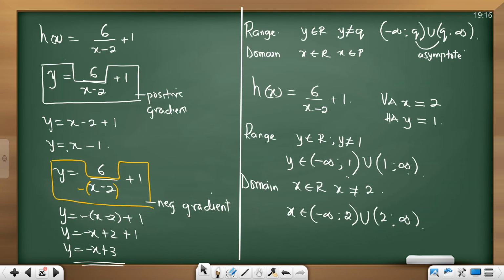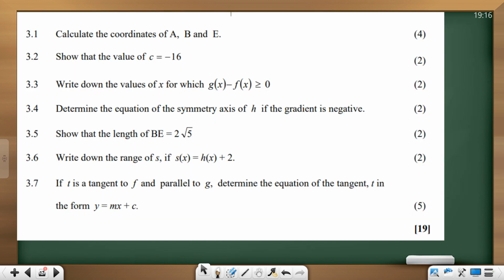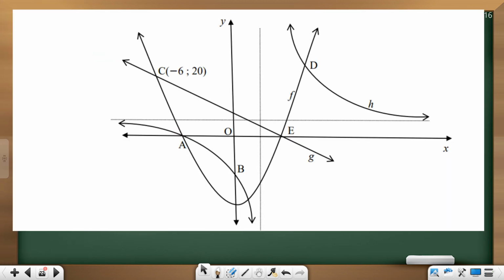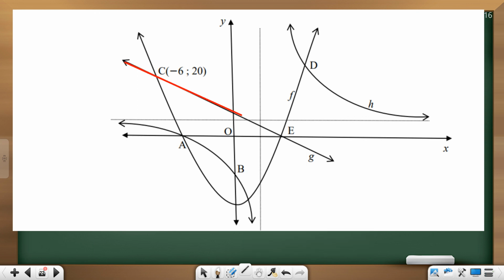I want to get... They said if what? T is tangent to F, but it must also be parallel to G. F is my parabola, right? But parallel to G. It must be a tangent, but it must be parallel.